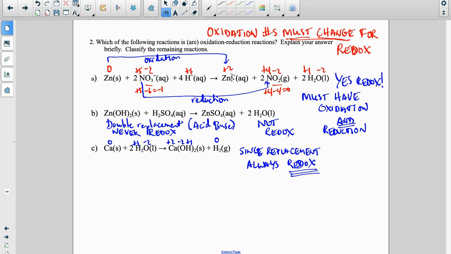So we can see here, I switched colors, but that's okay. Calcium is going to +2. Is that oxidation or reduction? That's oxidation. And here we see hydrogen going from +1 to 0.